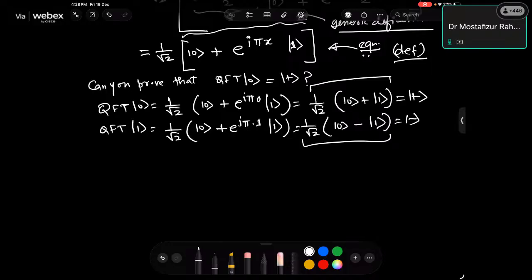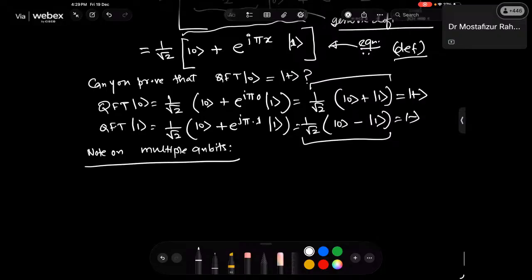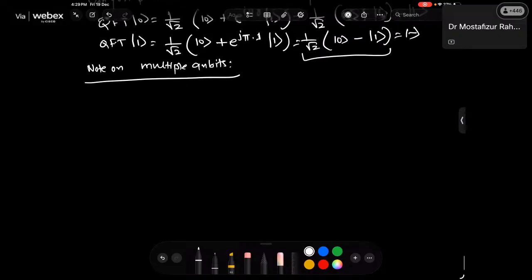Now suppose we want to work on multiple qubits. Suppose we have 3 qubits, right?